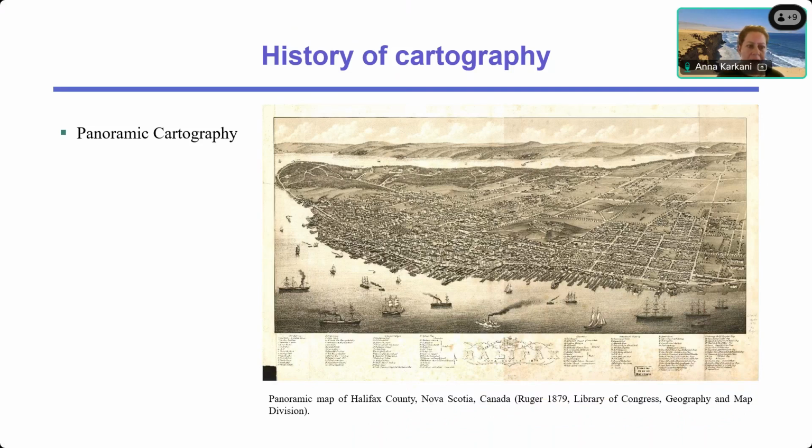This is from Halifax County in Canada, and they were used to depict cities and towns, mainly in the United States and Canada, during the 19th and 20th century. So you can see they are like perspective maps, or aerial views, but they're not photographic representations. They are actually drawn maps, okay?